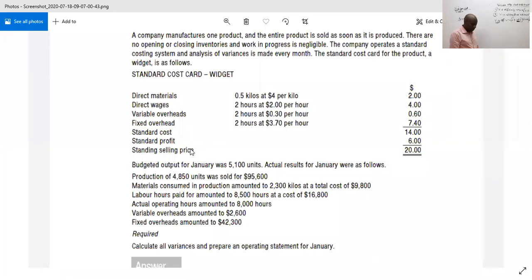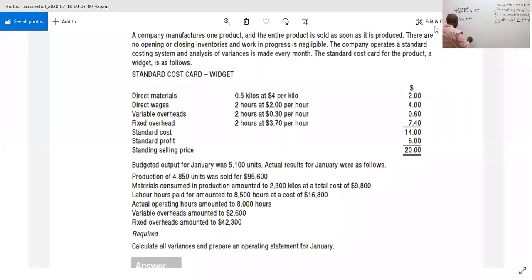What do we have there? I'm able to see my variable overheads. Variable overheads, we have 2 hours at $0.3 per hour.